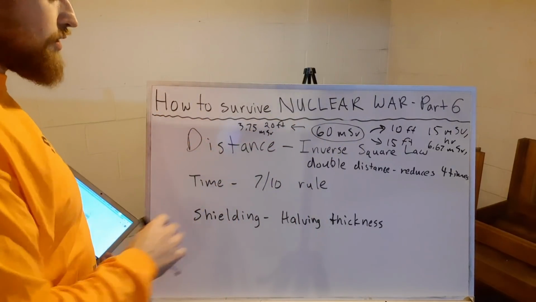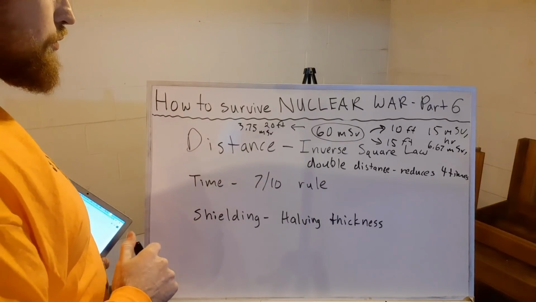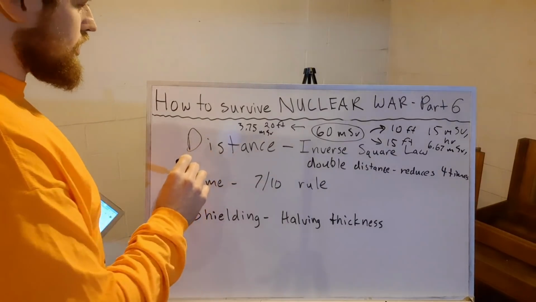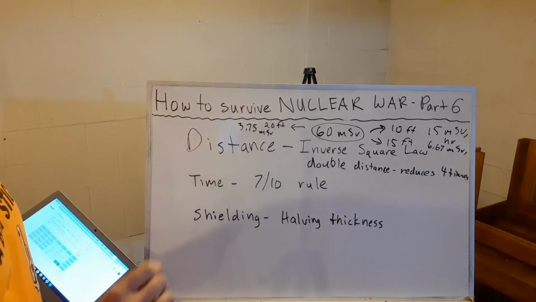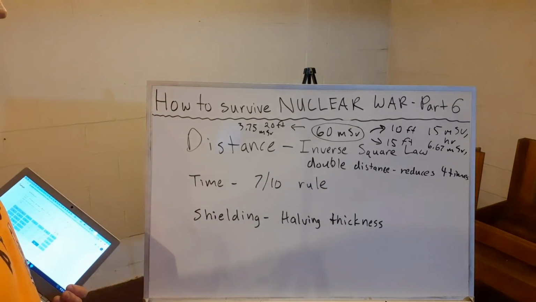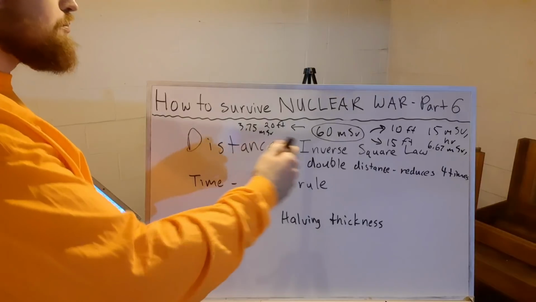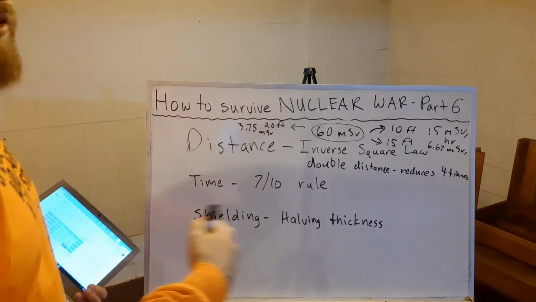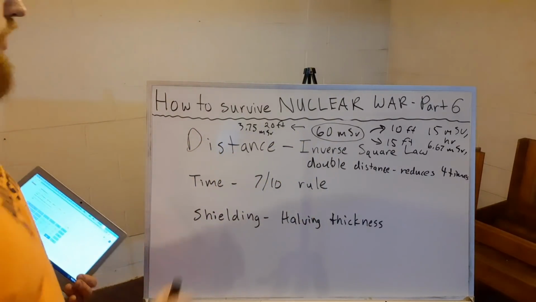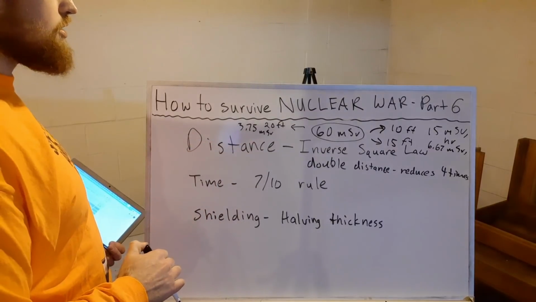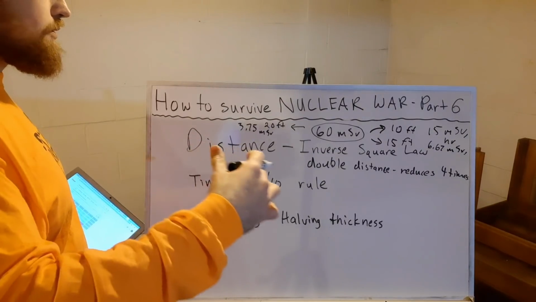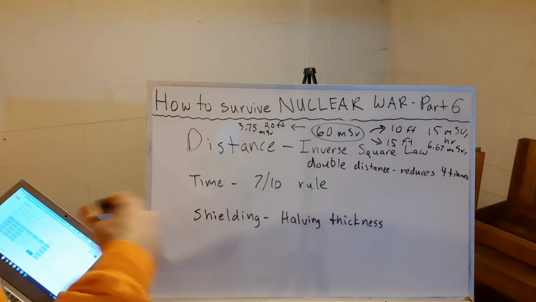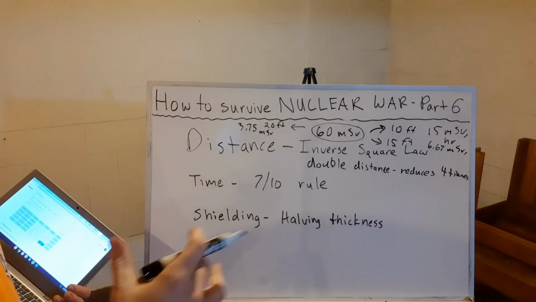And this is a reason why nuclear war is very survivable, because even if you don't have a basement or some kind of suitable underground shelter, just by moving away from the exterior walls of a structure, you can greatly reduce the radiation, because most of the radiation is going to be outside of a building because of the fallout.